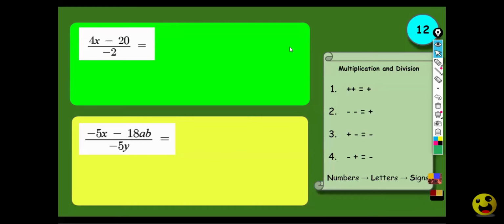Let's go. Now, in this question here, you're going to see one big divide sign and one item underneath. Let me explain how to interpret this in maths. Whenever you have more than one item on top, in this case, you have 4x and minus 20, two items, but you only have one item underneath, minus 2.